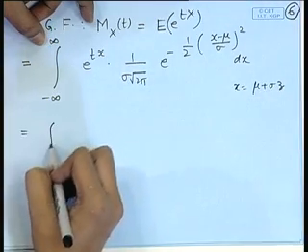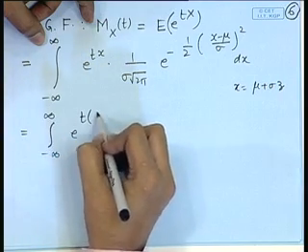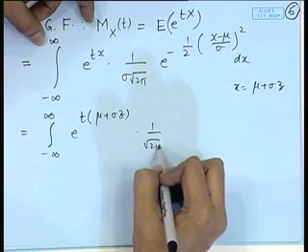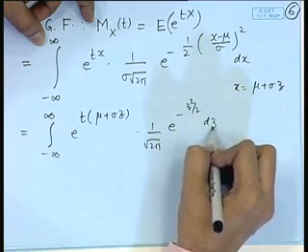So, the integral becomes e to the power t(mu plus sigma z) 1 by root 2 pi e to the power minus z square by 2 dz.